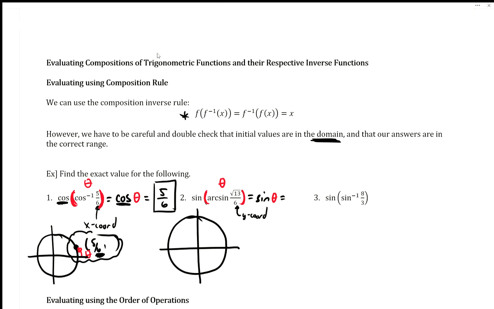We just want to make sure that y coordinate is in the right spot. Remember your sine inverse must be between negative pi over 2 and positive pi over 2. Our cosine inverse must be between 0 and pi.